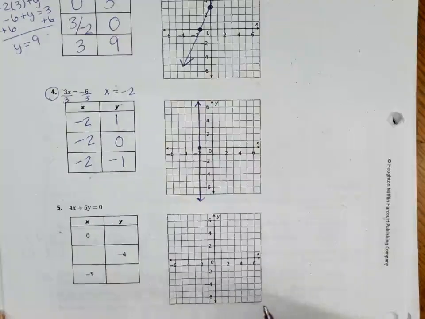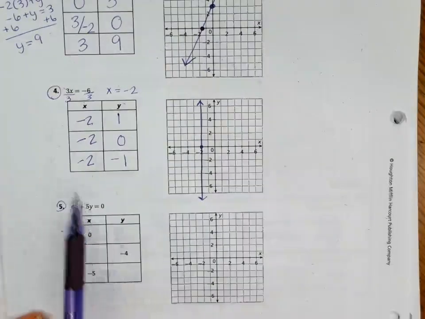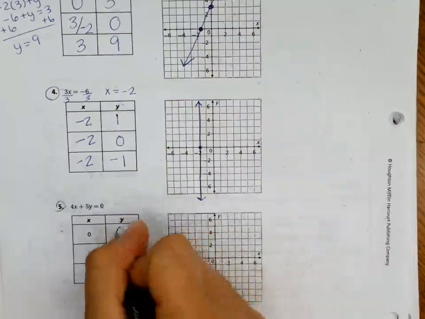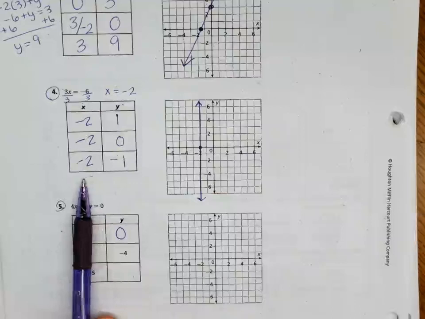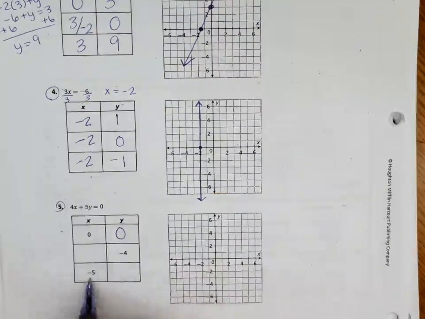And our third one. When x is 0, y is 0. When y is 0, x is 0. When x is negative 5.